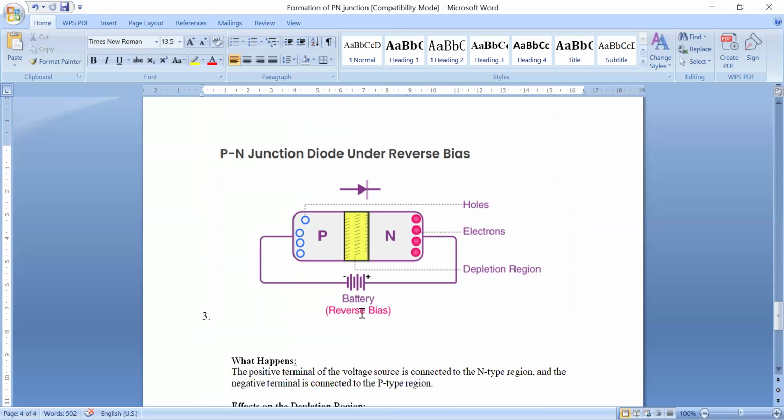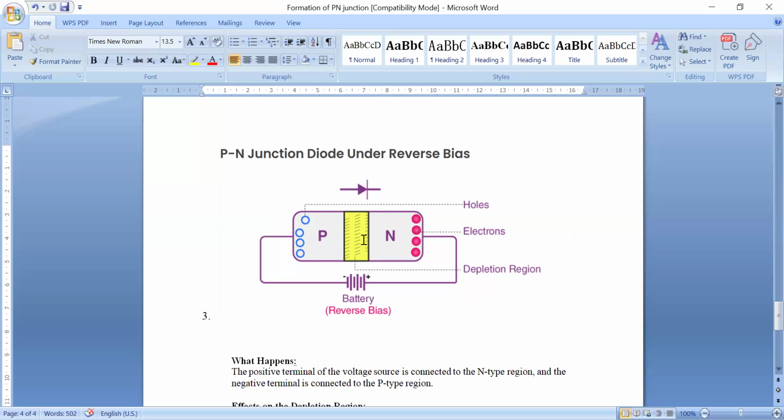This applied voltage increases the potential barrier because the holes in the P region are attracted towards the negative terminal of the battery, and electrons in the N region are attracted by the positive terminal of the battery. Due to this, the potential barrier increases. The depletion region widens as more positive and negative ions are left behind.